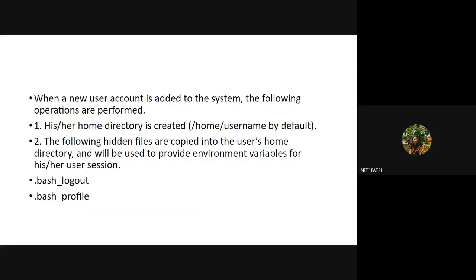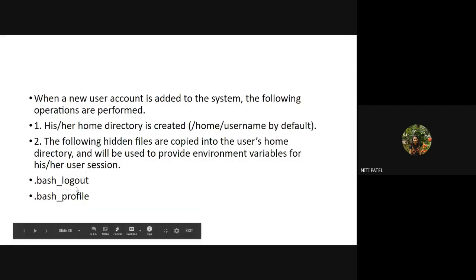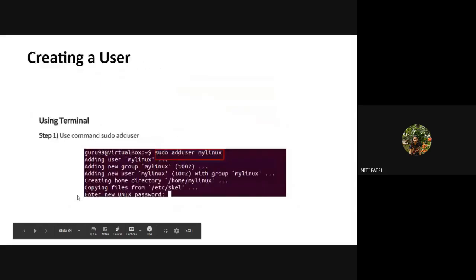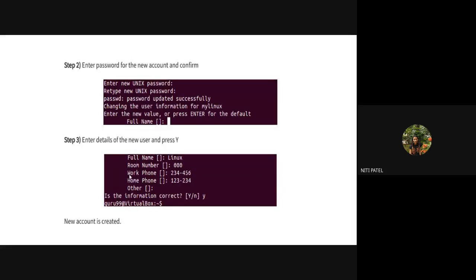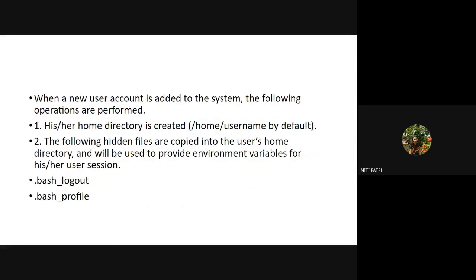Then we had seen that there are two more files created for the user: the .bash_logout file and the .bash_profile file. What is the profile file? All the information that you store here, your full name, your room number, your work phone number, your home number, and whatever other information you type, gets stored inside the bash_profile file.